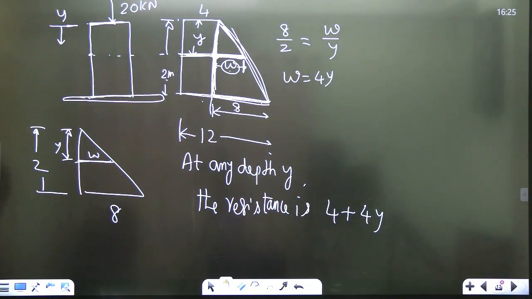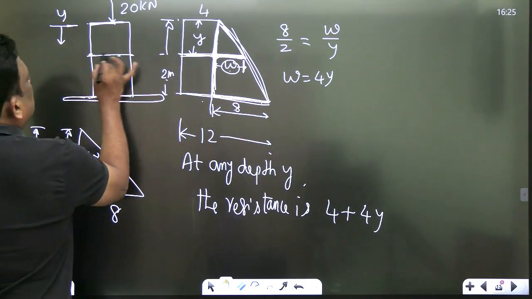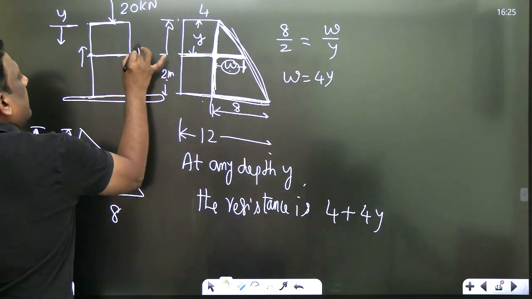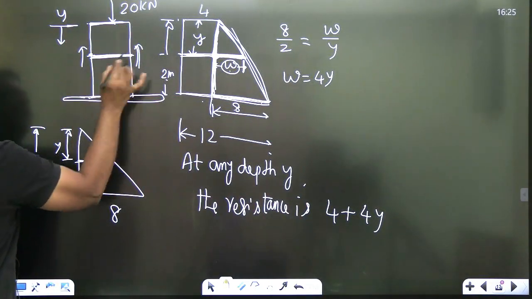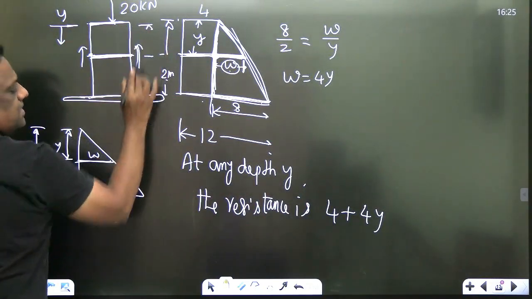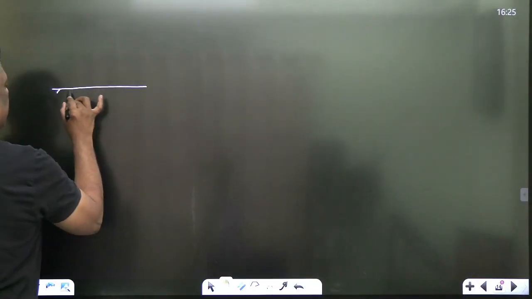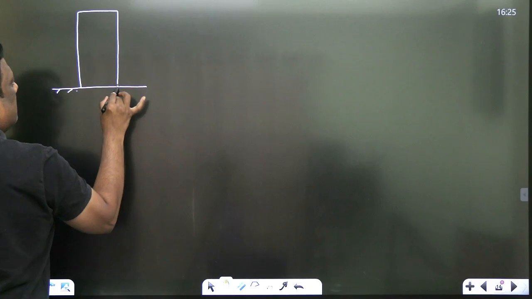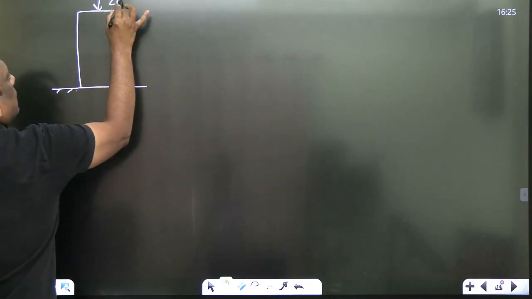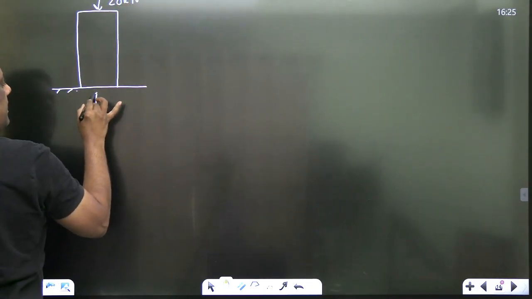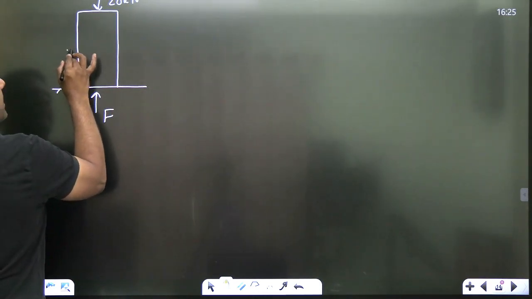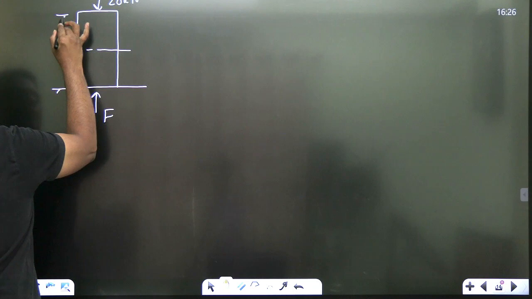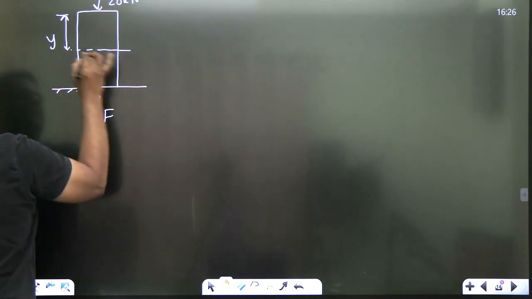Exactly. Now look carefully. At this position, the soil resistance is given by, at any distance y. I will take a new slide, sir, that will be better. So look, this is fixed. There is a load of 20 kilonewton and we have applied a vertical force F. Now at any distance y from the top, what is the resistance?